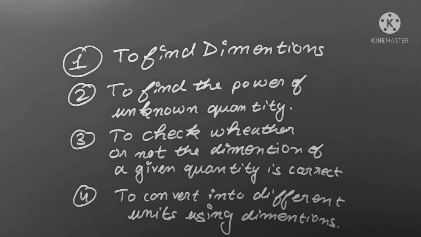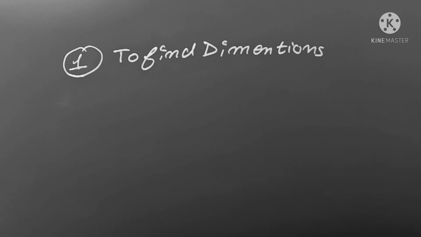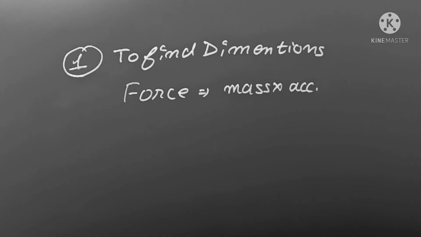Fourth question is to convert into different units using dimensions. The first type of question we have already discussed, but we will take it once again to understand how to find dimensions. Let us find the dimension of force.